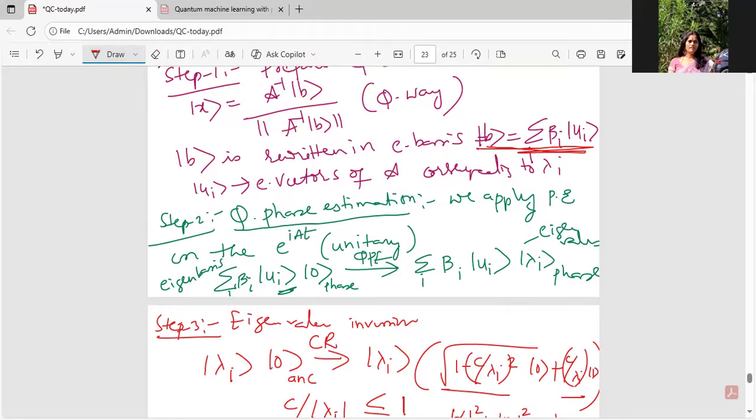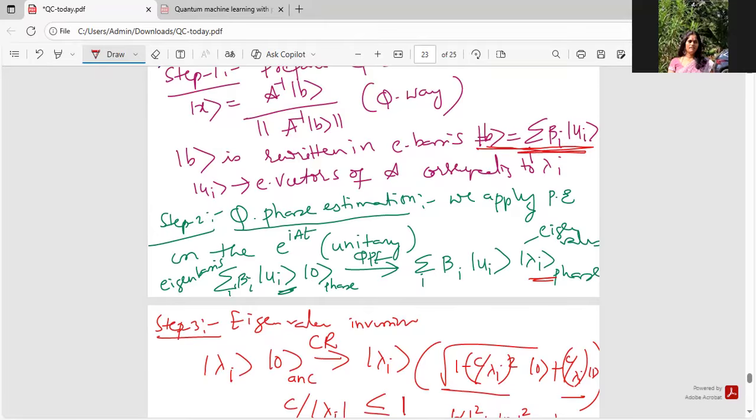Of course, after quantum phase estimation, what's happening? This ket 0 phase, I think, ket 0 ancilla, this is giving me the eigenvalues, guys. See the difference from my LHS to RHS. Once I perform quantum phase estimation, I am landing up with eigenvalues.